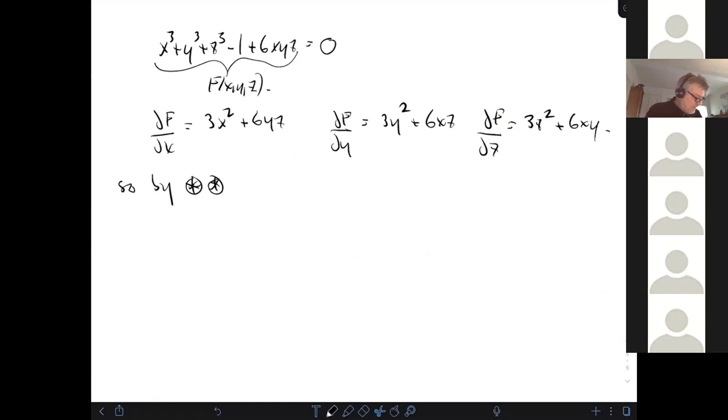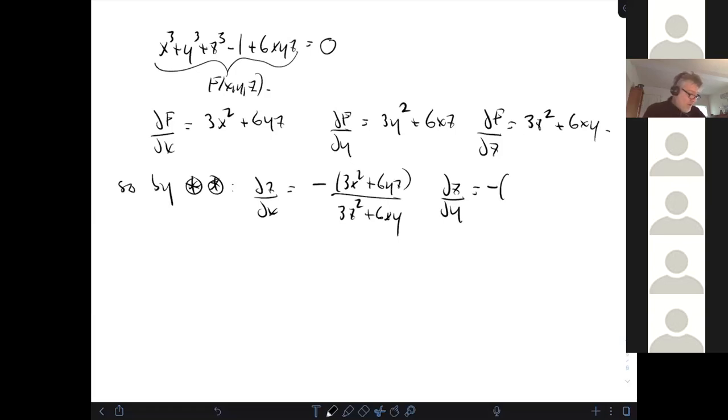By double star, del z del x is minus (3x squared plus 6yz) divided by (3z squared plus 6xy), and del z del y is minus (3y squared plus 6xz) divided by (3z squared plus 6xy). Bingo.